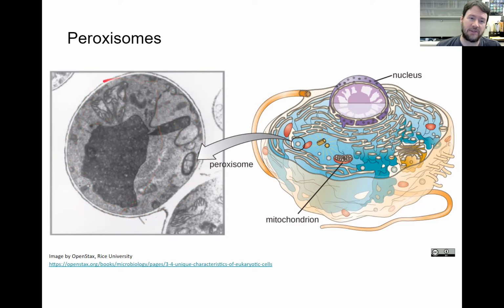And so the peroxisomes can contain those, and then they also make hydrogen peroxide in the process, and that can be detoxified with a special enzyme called catalase. And we haven't talked about enzymes yet. So again, this is kind of foreshadowing the next module. But that is what peroxisomes do.